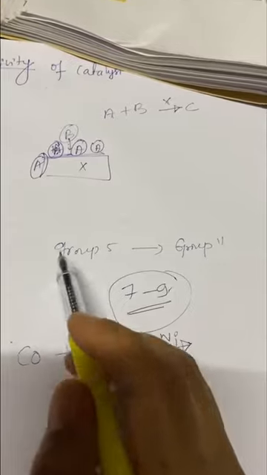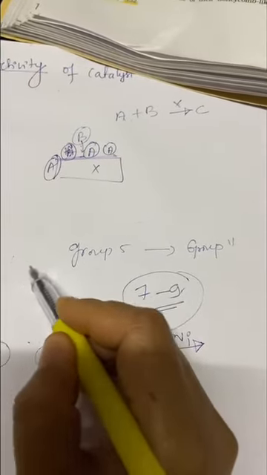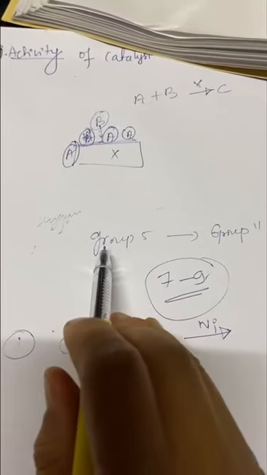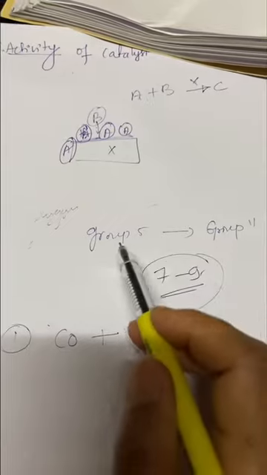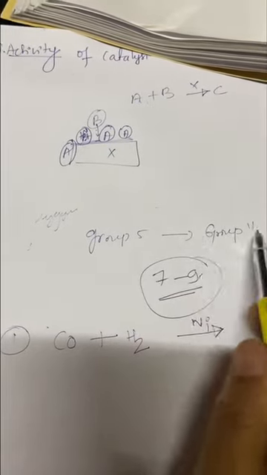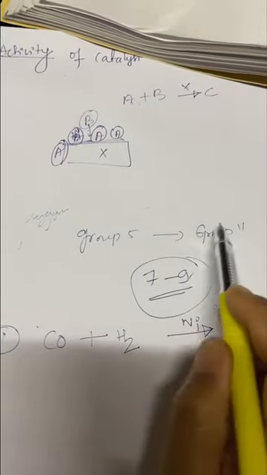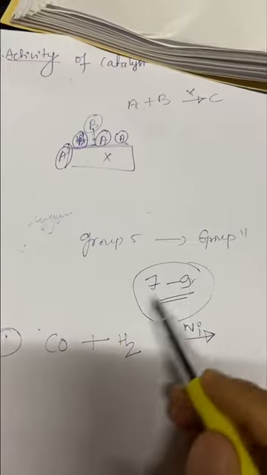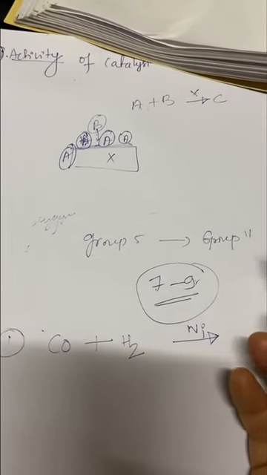For example, in catalytic hydrogenation reactions, the activity of your catalyst increases from group 5 to group 11. So if you move across the period, the activity of the catalyst will also increase. Okay, and for groups 7 and 9 the activity is the highest.